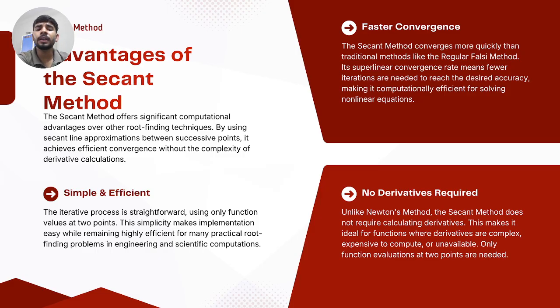The simplicity makes implementation easy while remaining highly efficient for many practical root finding problems in engineering and scientific computation. Its fast convergence: the secant method converges more quickly than traditional methods like the regula falsi method and bisection method. Its superlinear convergence rate means fewer iterations are needed to reach the desired accuracy, making it computationally efficient for solving nonlinear equations.